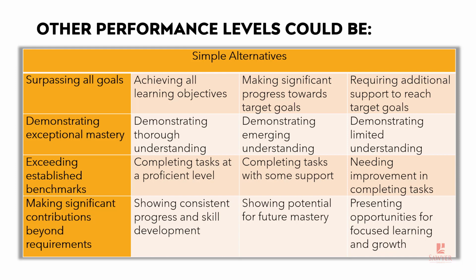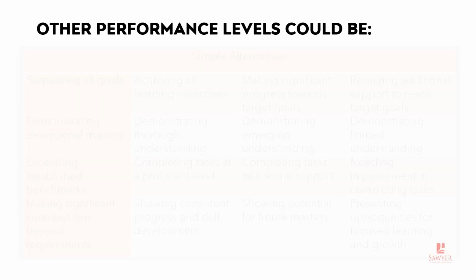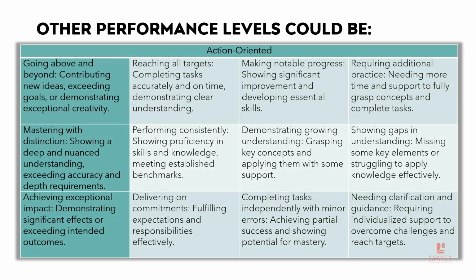I'm not going to read all these to you because that would be really boring and you'd fall asleep. But here are a whole bunch of them. Here are action-oriented alternatives, things like going above and beyond, contributing new ideas, exceeding goals, or demonstrating exceptional creativity. One of those is reaching all targets, making notable progress, requiring additional practice, and then with some further explanations.